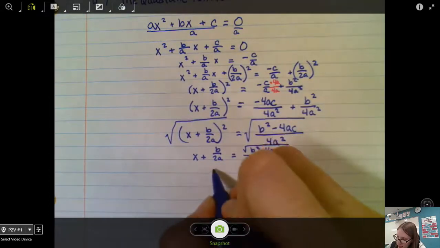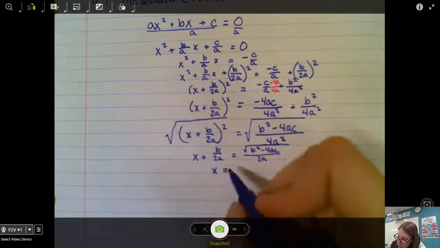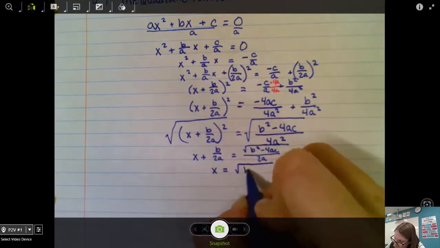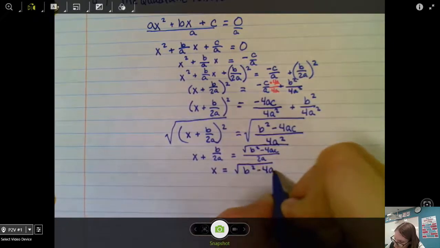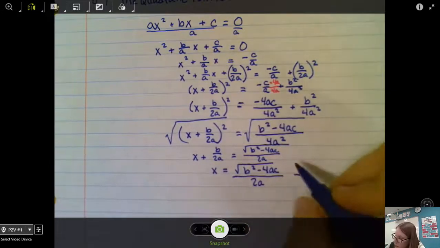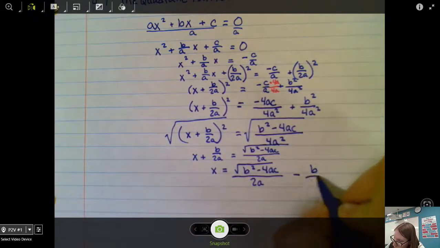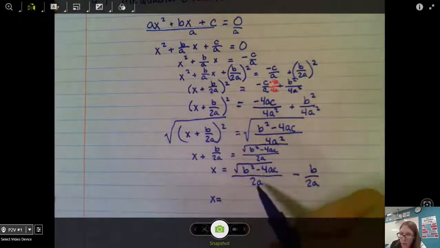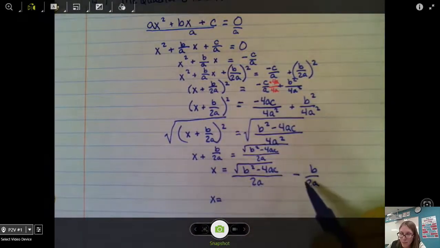And then our last step to get x by itself is to subtract b over 2a. I should have just kept this expanded to give me a little more room. But I'd subtract b over 2a, where we already have a common denominator.